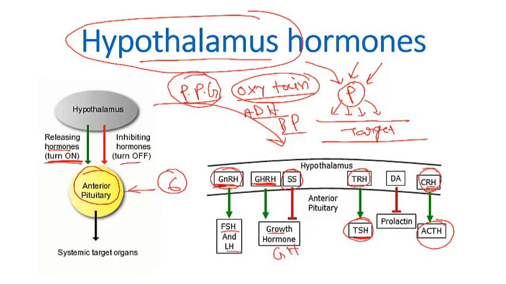DA is dopamine. Prolactin synthesis is controlled by many different hormones, but here dopamine acts as a prolactin inhibiting factor, and it prevents the production or secretion of prolactin. And corticotropin releasing hormone, CRH, influences the release of ACTH from the pituitary gland.